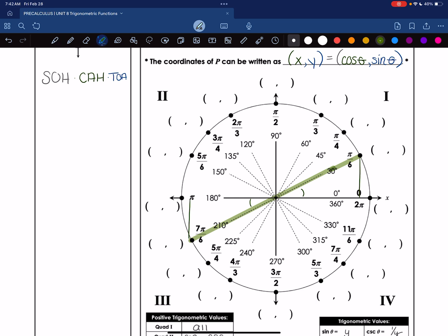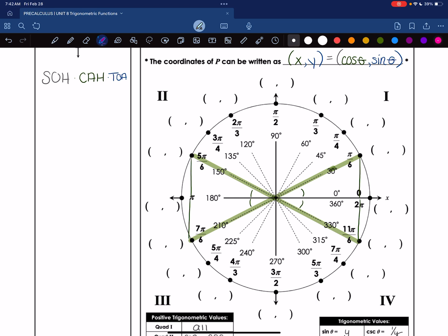They also, if you look here, these are going to be also angles in our unit circle that have a reference angle of 30. 150 and 330 are also angles whose reference angle is 30.